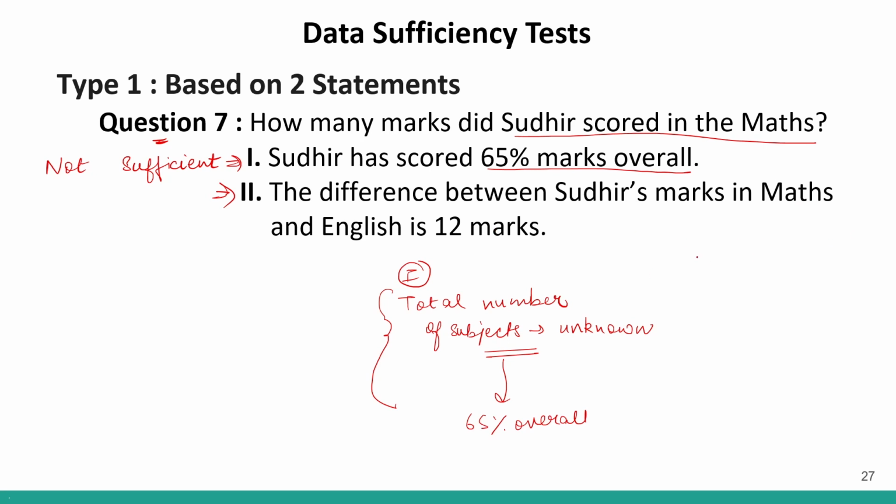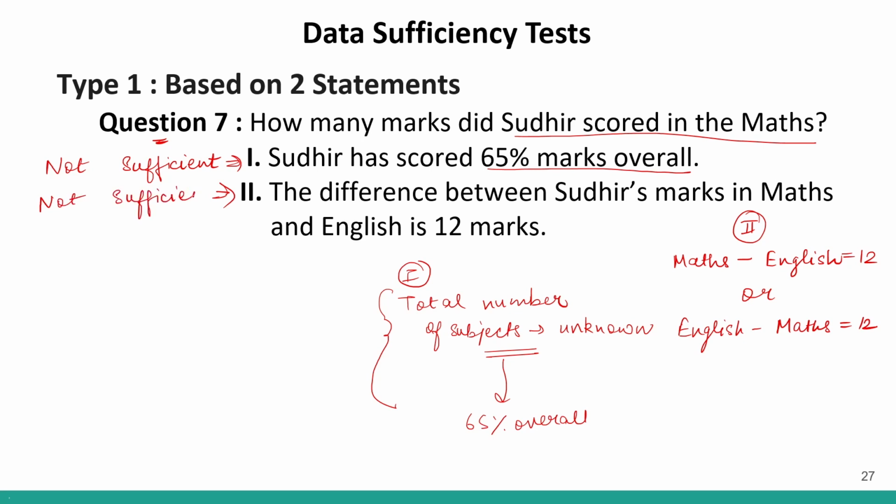So Sudhir could have scored more in maths and less in English, or he could have scored more in English and less in maths, correct? Either of the two possibilities, and the difference was 12. So even with statement 2, we cannot identify Sudhir's score in maths. So this statement also is not sufficient.